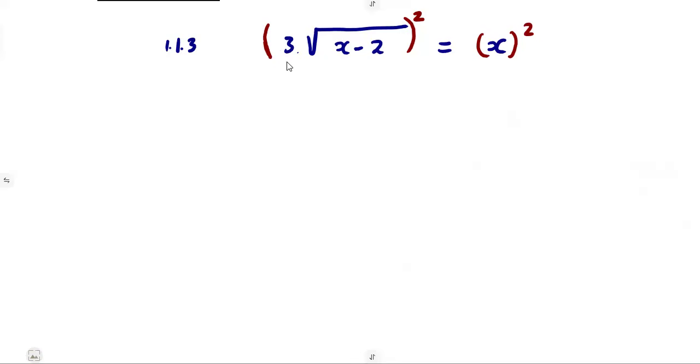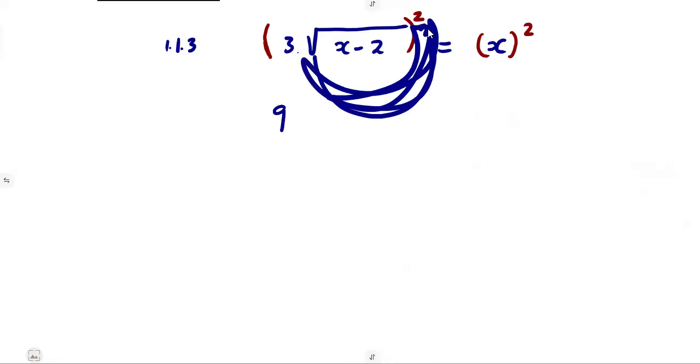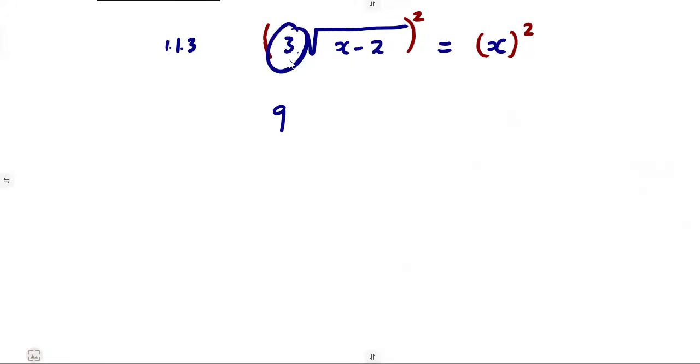All right, so let's go, guys. 3 raised to the exponent of 2 is going to give us a 9. That's 3 squared, 3 times 3. So that's a 9. Remember, the purpose of raising to the exponent of 2 was to remove the square root. But as you are removing this square root, the 3 is affected.